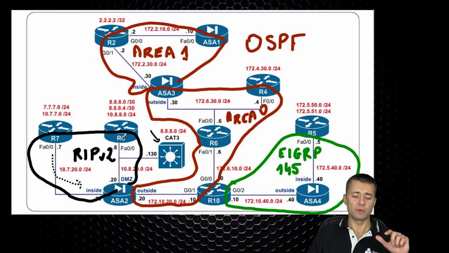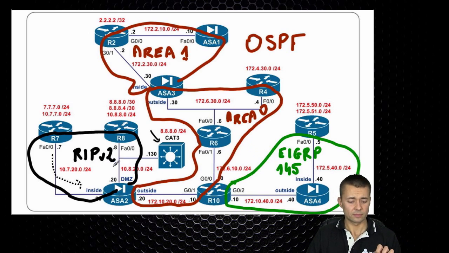So 7 can talk with 8, 8 can talk to 7, router 2 can talk to router 6, maybe ASA to outside, but OSPF doesn't know about the EIGRP prefixes, RIP prefixes, and so on and so forth.